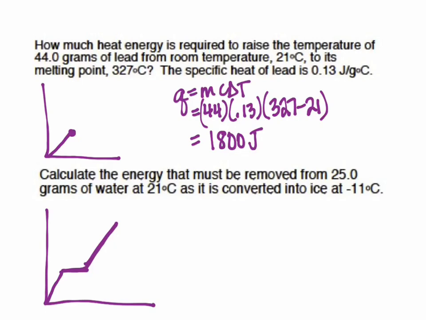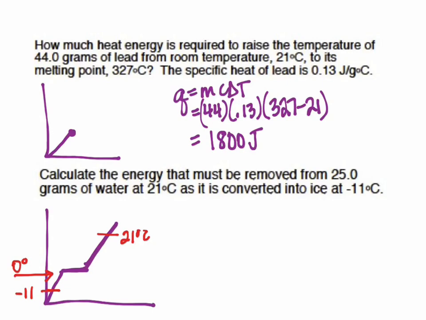So when does water become ice? At what temperature? 0. All right. And we have water at 21 degrees Celsius, so that can be anywhere on that slope. Then we go to our other slope, taking it below 0 to negative 11.